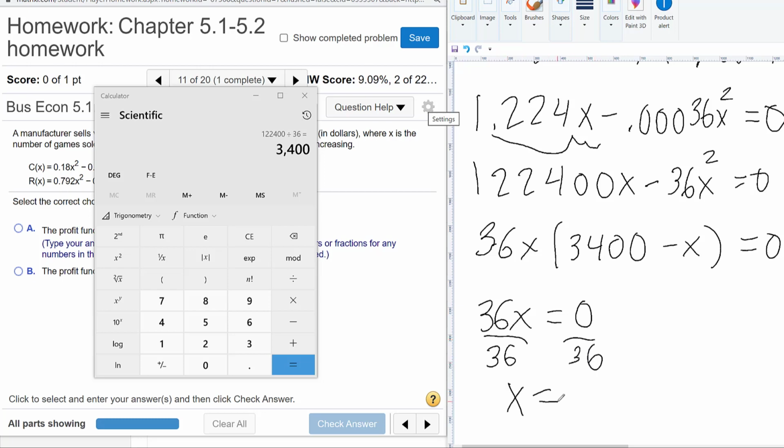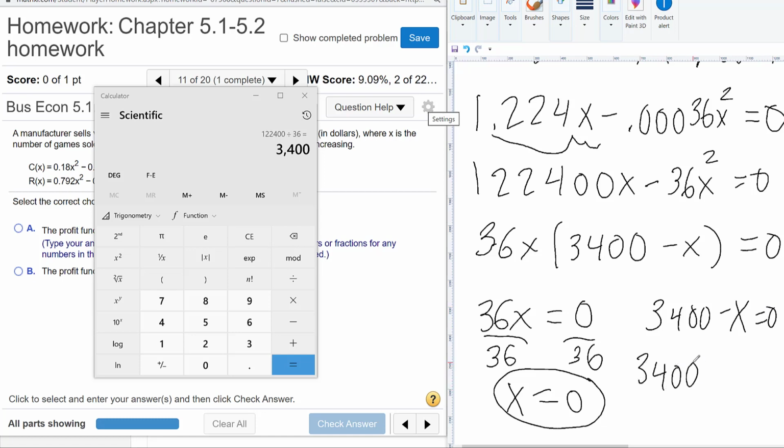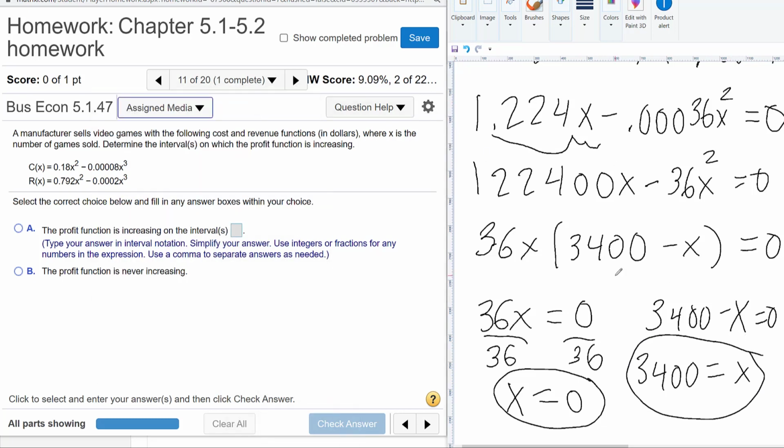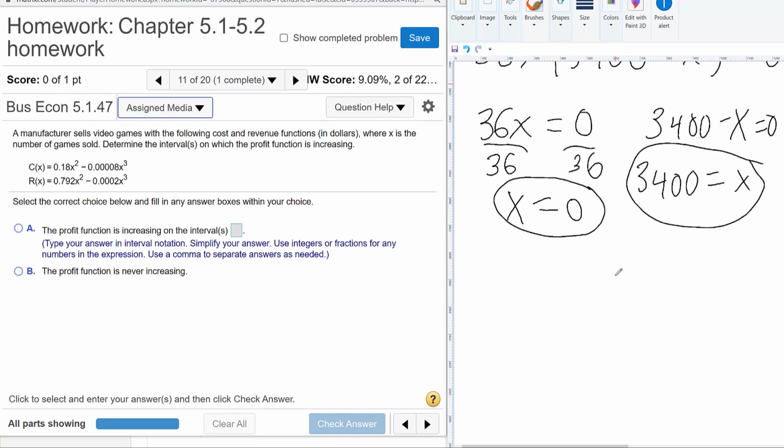So x is 0 for the first one. 3,400 minus x is 0 if x is 3,400. So my 2 possible points for where the function changes from increasing to decreasing is at 0 and at 3,400.